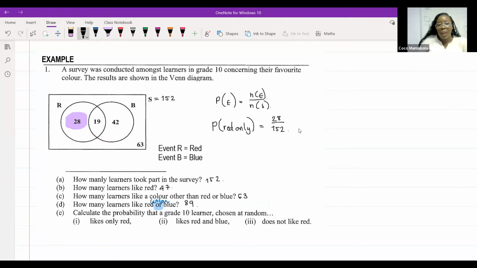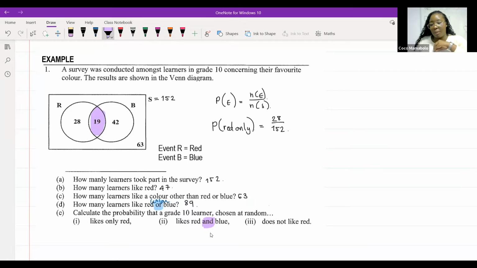Now, the next question says, what is the probability that a kid chosen at random likes red and blue? This "and" tells us of the intersection, which means you need to like both of them. So only 19. Michelle, I'm going to answer that question in just a second.